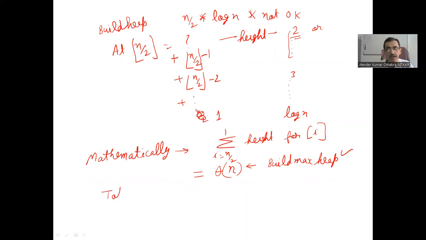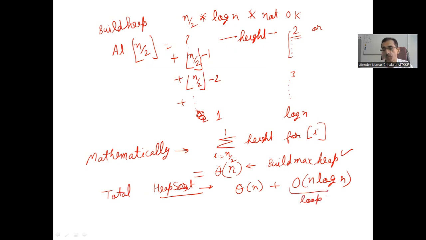So my total time complexity of heap sort will be, sorry, let me correct that. Heap sort complexity will be build max heap complexity theta of n plus order of n log n, which we have just seen for the loop with nesting of max heapify. Here max heapify does not always have n nodes; at lower stages n reduces, so even that will be less than n log n.